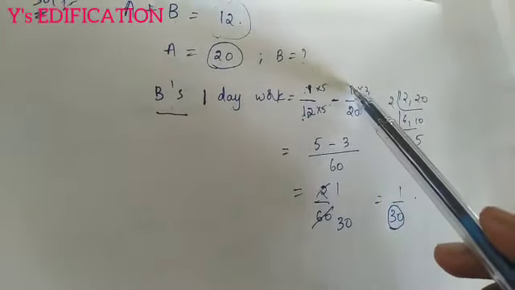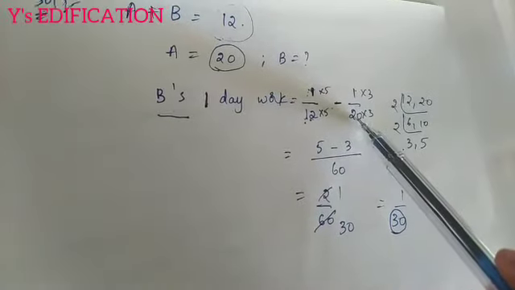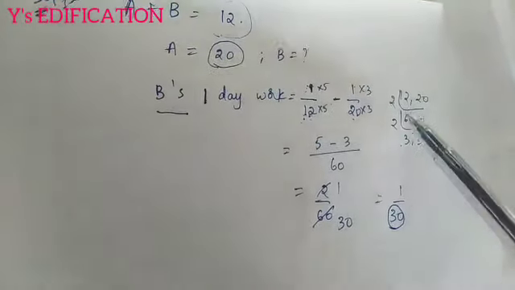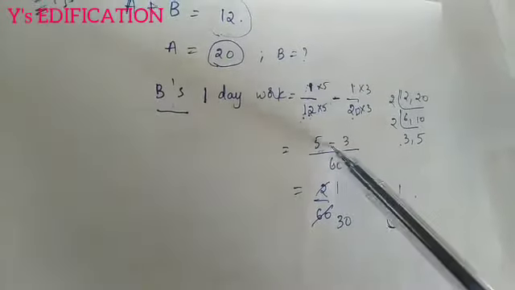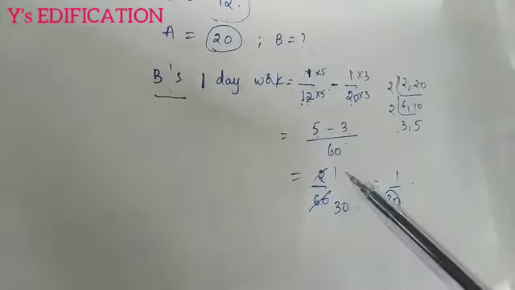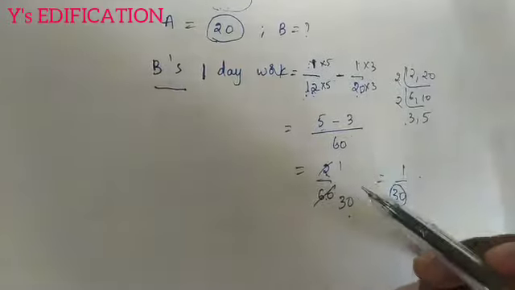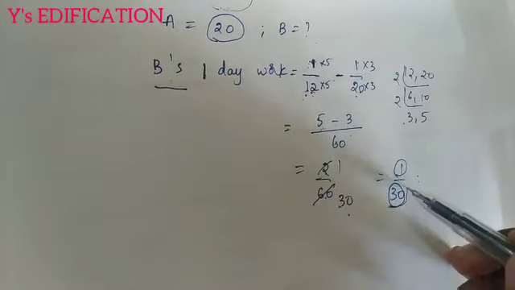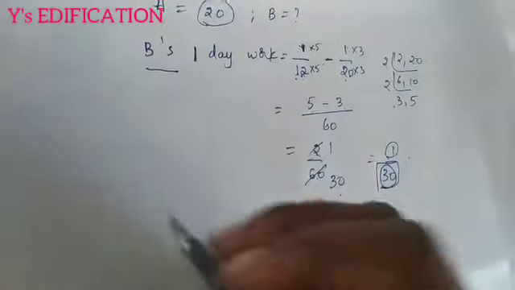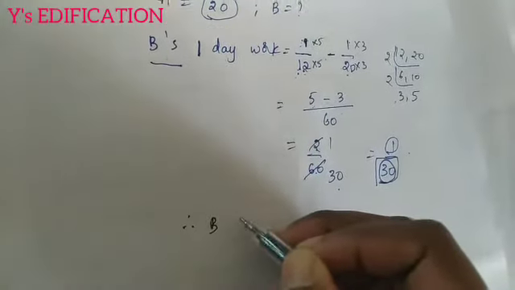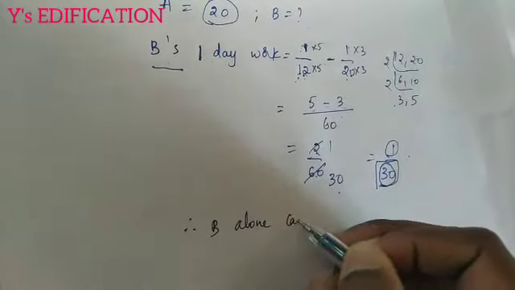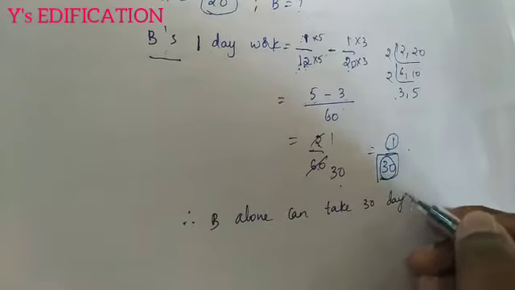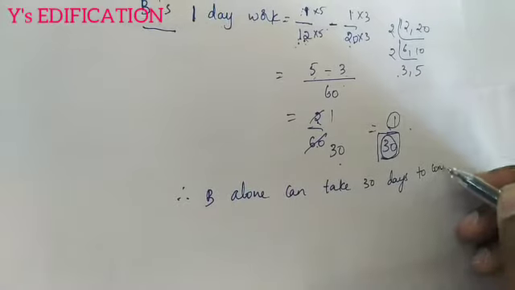So only 1 day we need, so 1 by 20. 1 by 12 minus 1 by 20. So here 12 and 20 LCM is 60. So 5 minus 3 by 60 is equal to 2 by 60, 1 by 30. So B's 1 day's work is 1 part. So he will take 30 days to complete the work. Therefore, B alone can take 30 days to complete the work.